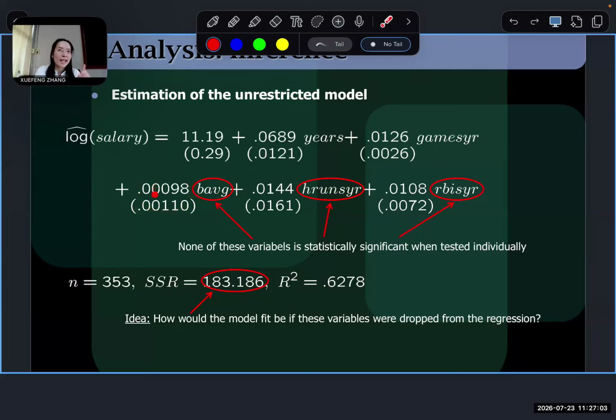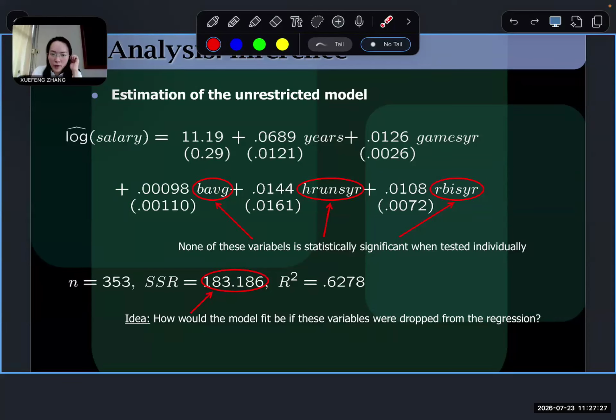If you calculate the T-ratio individually, it's easy: you use the coefficient divided by the standard error. You will find that none of them is significant if we test them individually.